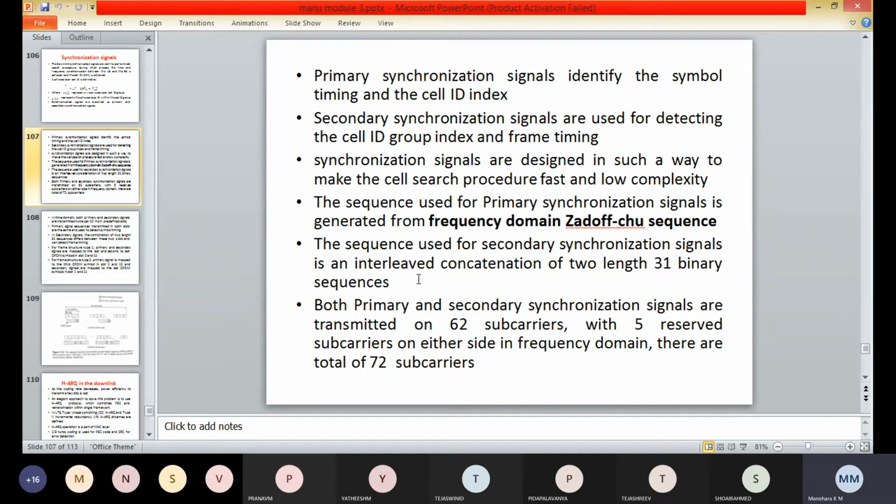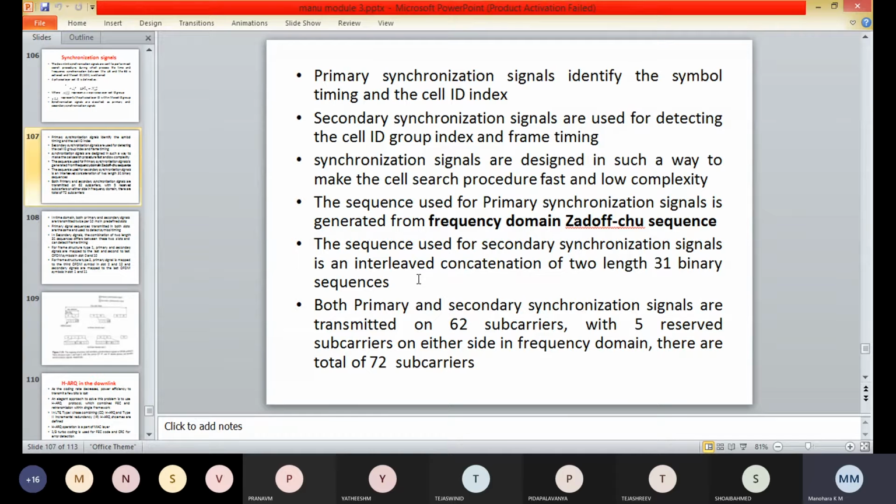So here both the primary and secondary synchronization signals are transmitted on the 62 subcarriers centered around the DC subcarrier, with 5 reserved subcarriers on either side in the frequency domain.